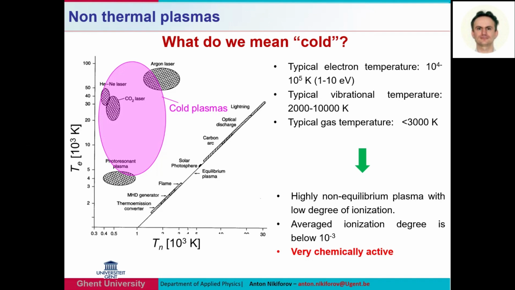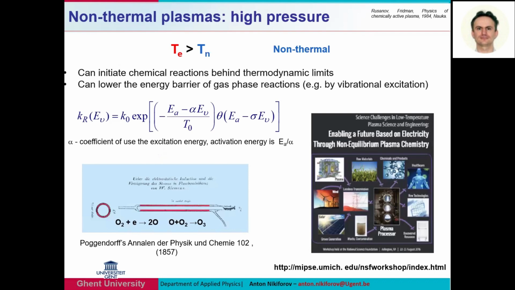We want to initiate different chemical processes with the use of plasma because of possibility to ignite or to initiate processes at relatively low temperature where they can be initiated by electrons or by electron impact. So we can initiate chemical reactions, and some of them can be initiated even below thermodynamic limit.